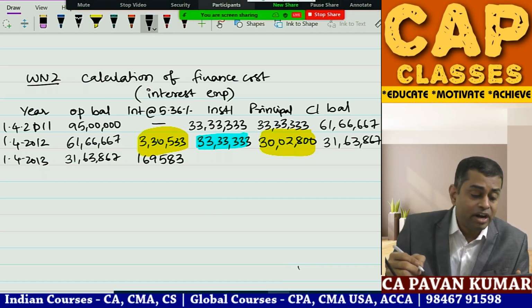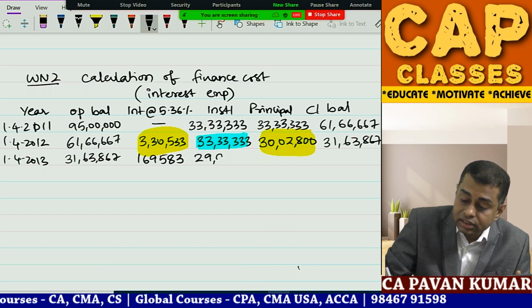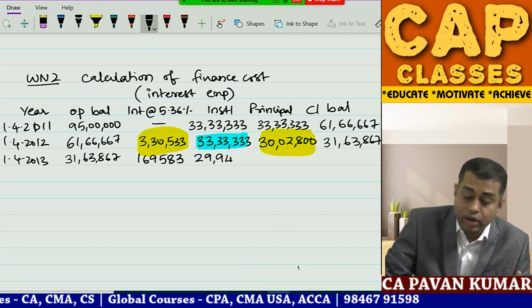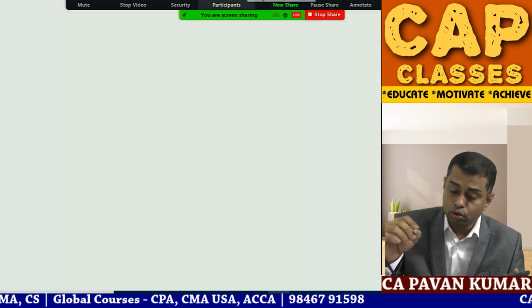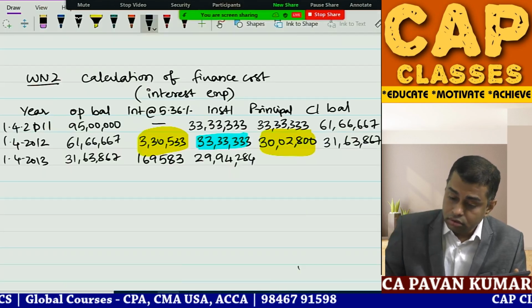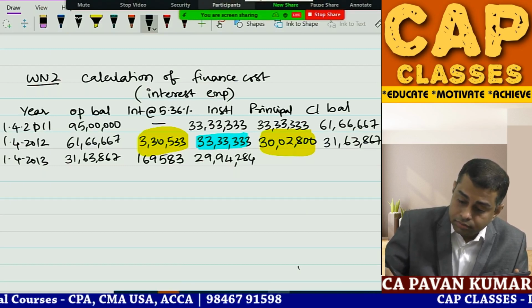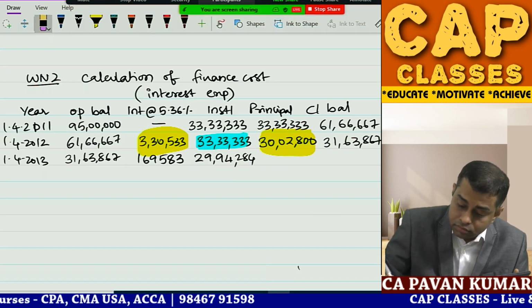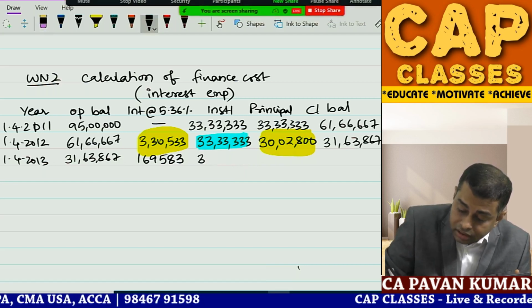Then the balance is 29 lakhs 94,284. Is it right? No. Wait. Installment is 33,33,333.